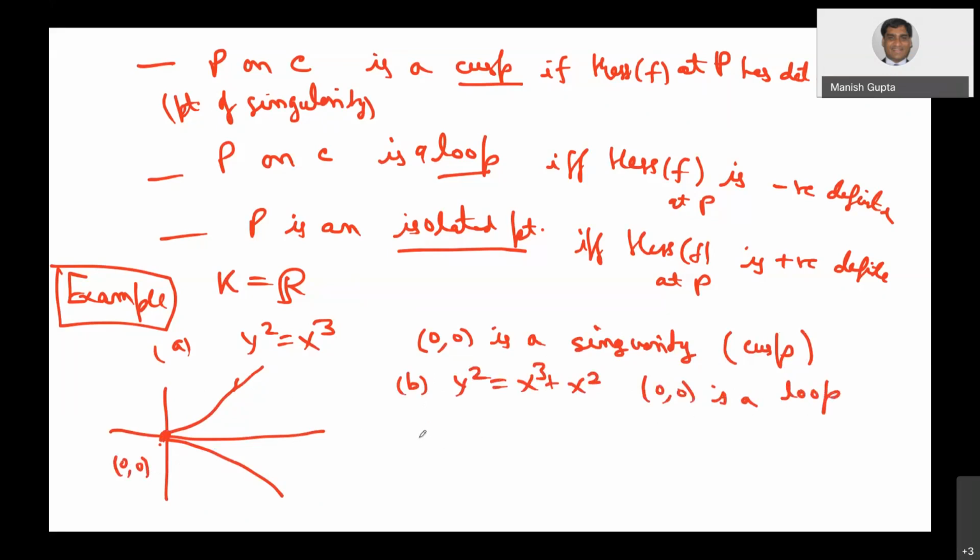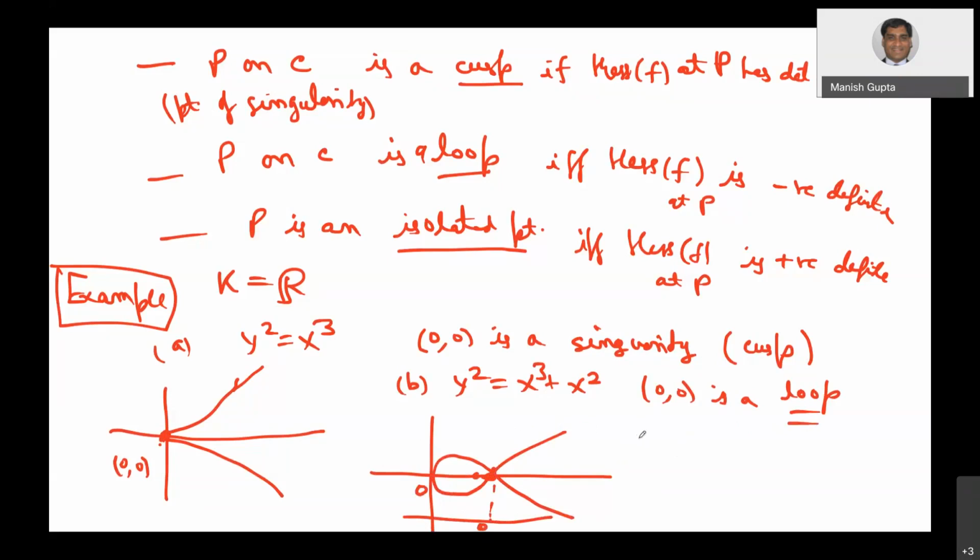This can be described by a picture somewhere here. So this is 0, and (0, 0) is here, you can see. So at the origin there is a loop. This is a singularity.